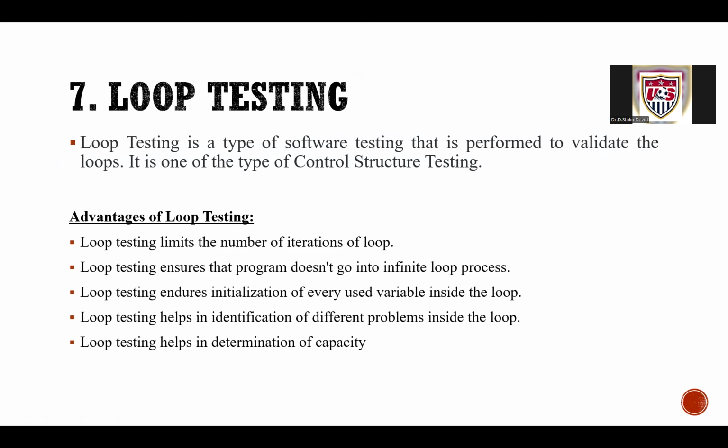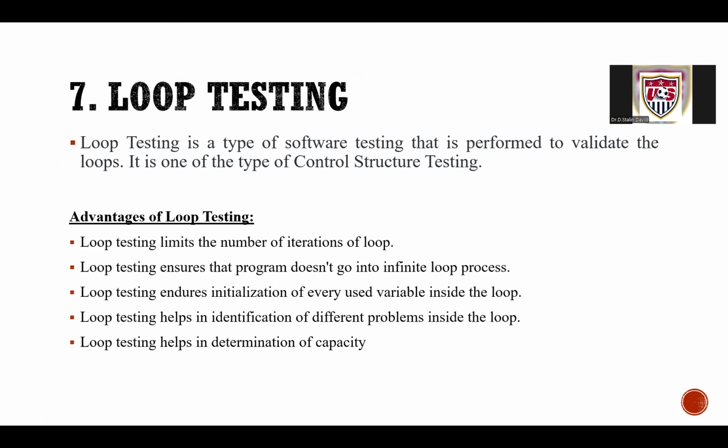Next, we see loop testing. So loop testing is one type of software testing that is performed to validate the loops. And also it is one of the types of control structure testing. Loop testing comes under white box testing techniques because it is used to test the loops in the entire program.